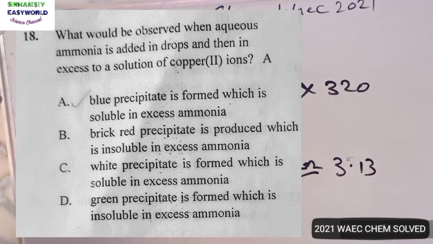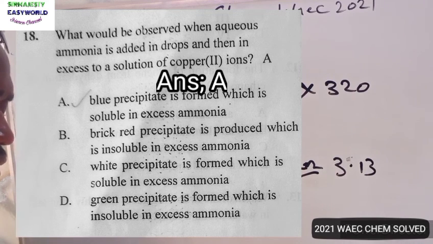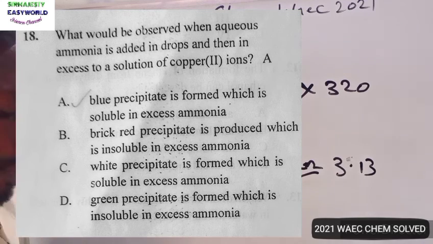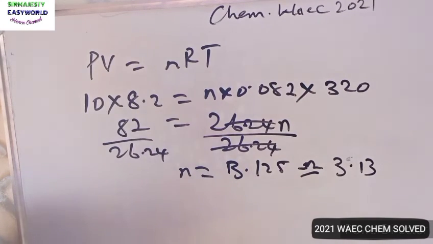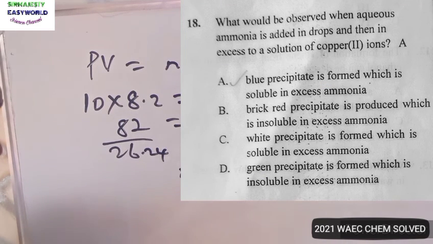Yes, let's check if you have a better option. Brick red, no, that's B. White precipitate, never, not for copper. Then D says green precipitate, no. Note this, copper is Chelsea, for you that love Chelsea fans, that's the blue. So copper 2 ion is blue in the presence of aqueous ammonia and equally aqueous sodium hydroxide, but it dissolves. So the answer is option A.